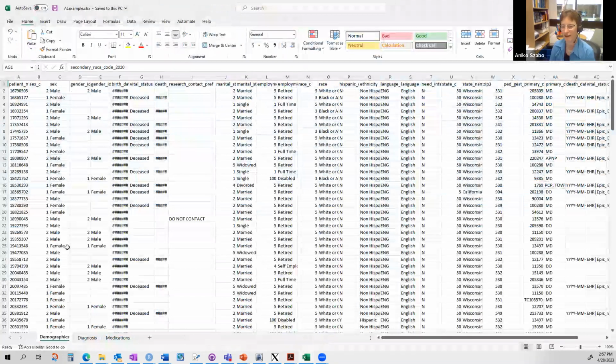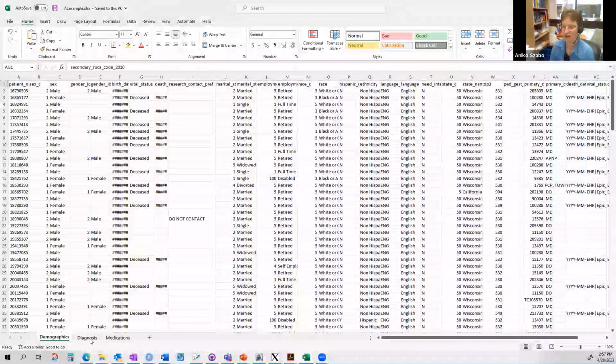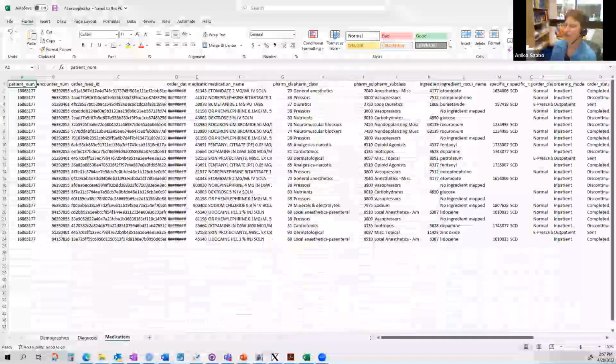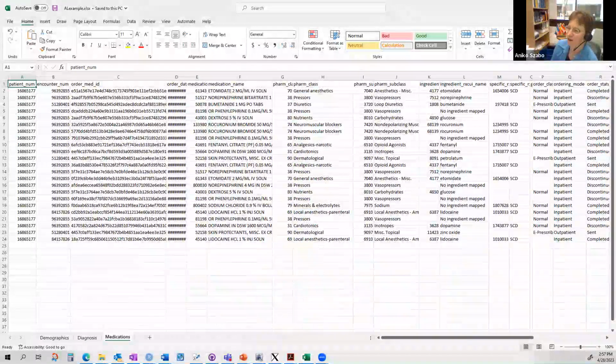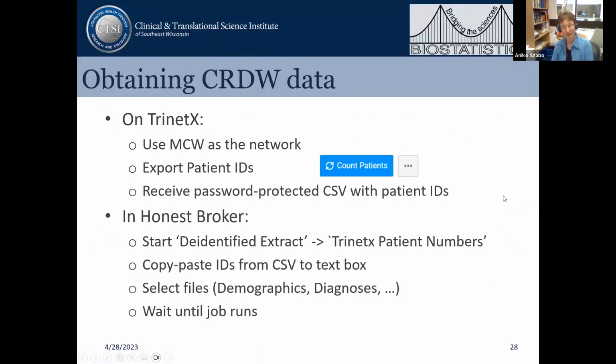I put some of them into one Excel sheet, just to show all the diagnoses, demographics, medications, and all the other things about these patients. And there you have it, you have your data.